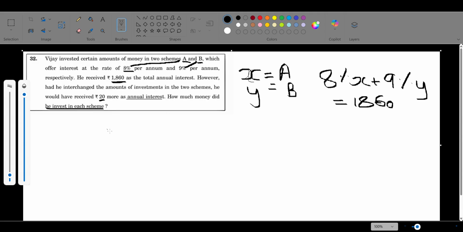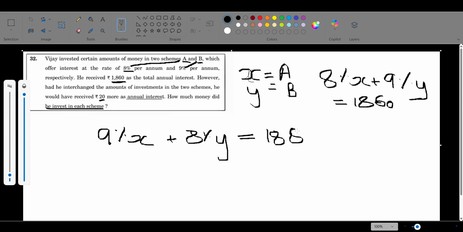So meaning 9 percent of X now, since here was Y but now here will be X, plus 8 percent of Y will give us 1880, because 1860 plus 20.